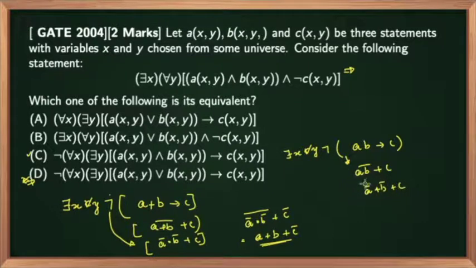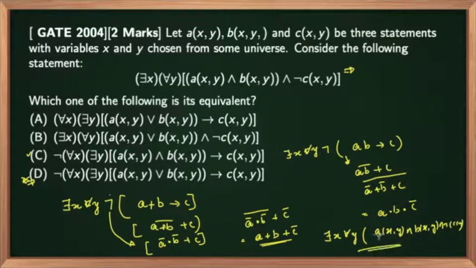Now I have the negation, so that will be equal to a into b into c bar. So I can write it as there exists an x for all y, a of x comma y and b of x comma y and not c of x comma y. So that should be equal to this one. So the answer should be C.